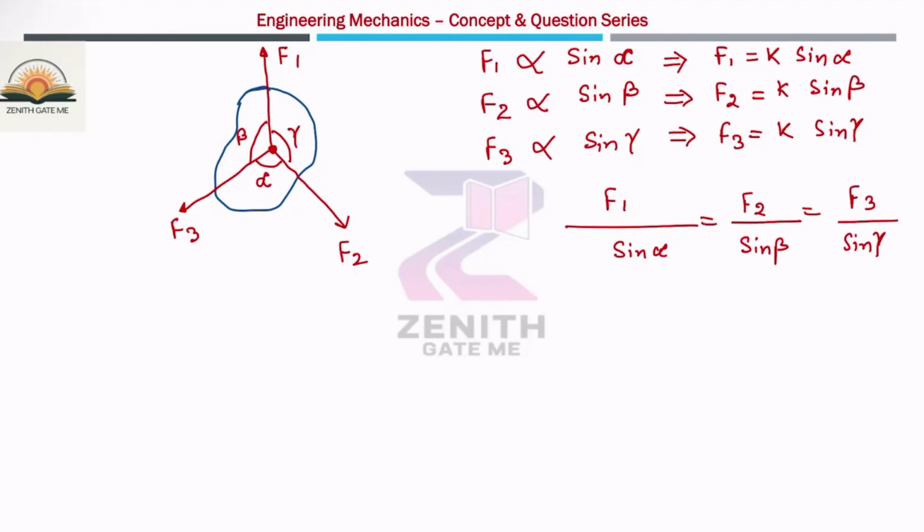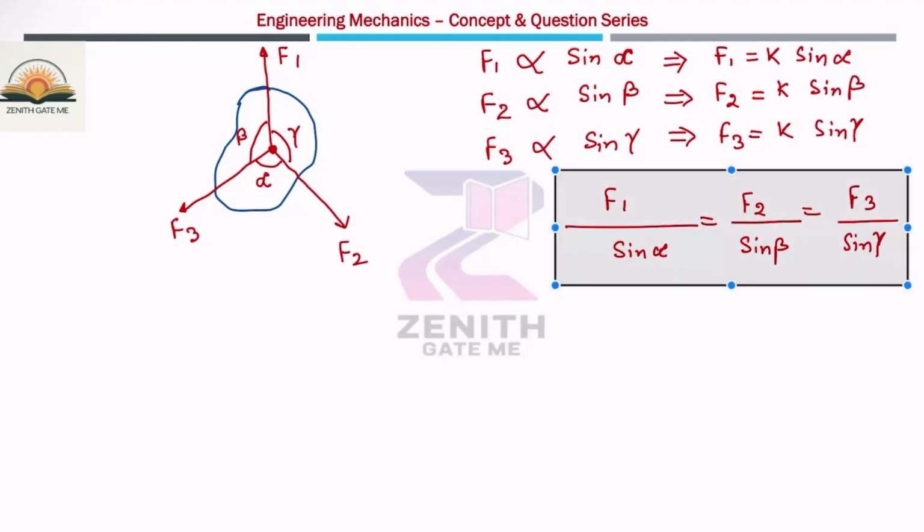This result will help you calculate unknown forces. If one force is known to you and the angles are given, you can easily calculate the other two forces. Now I will discuss a problem which was asked in the GATE exam. This is nothing but the result of Lami's theorem.